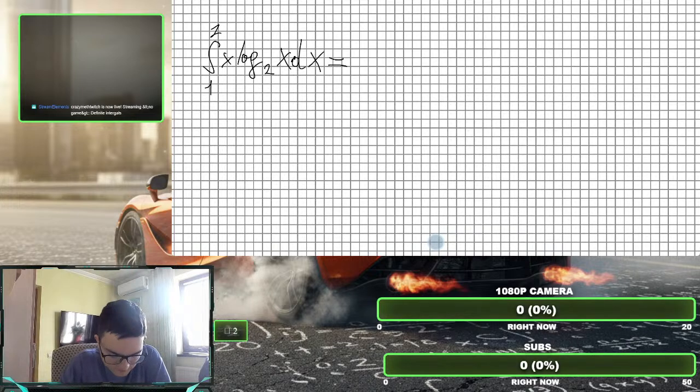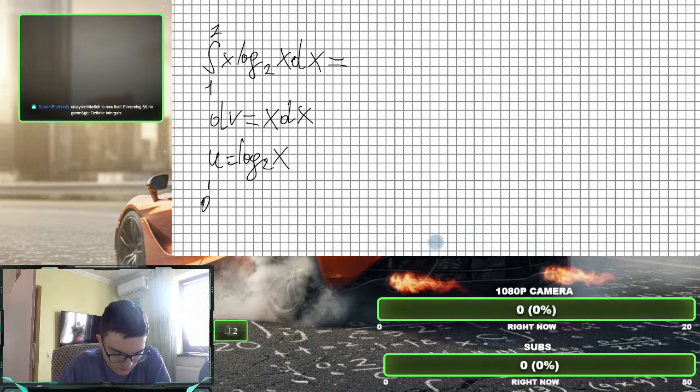Okay, so I've got first the dv, which will be something that is easier to integrate, and I picked x dx, and now what I'm going to derivate is the u, so log 2x.